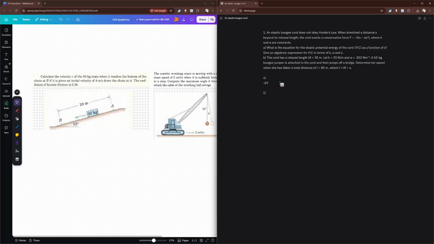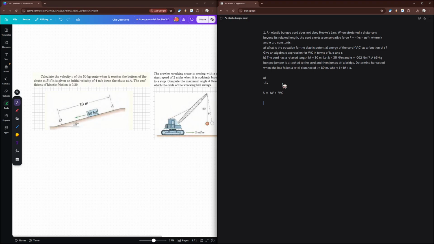And we're going to use the fact that U is equal to negative delta V. It starts at its relaxed length, and from the theory video, we know that relaxed length is just zero potential energy. So we're going to have that the work is negative VF, or in this case, we can call it VC, which is what it is in the problem statement.